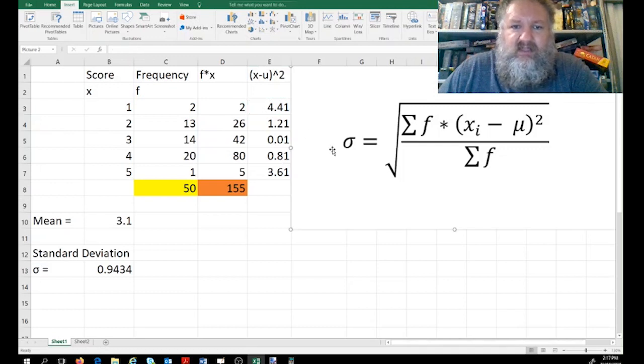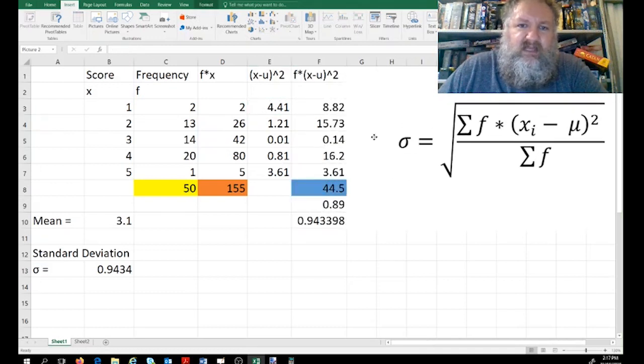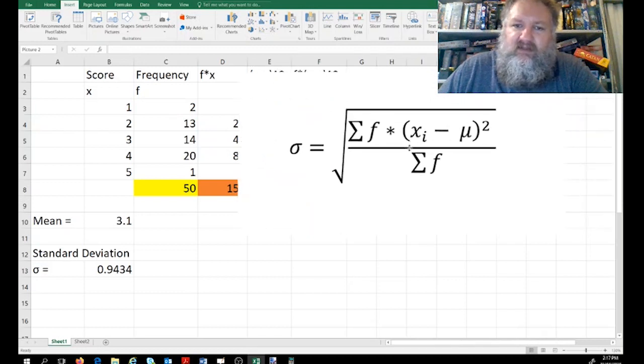That's the first step. Next step, what we do is we take this number here and multiply it by the frequency of that number. So the frequency is 2. So we would take the 4.41 and multiply it by 2. That's all we've done there. And this is in our equation.